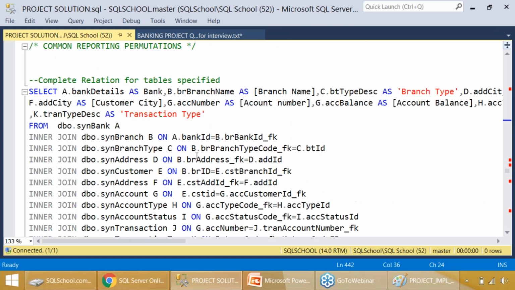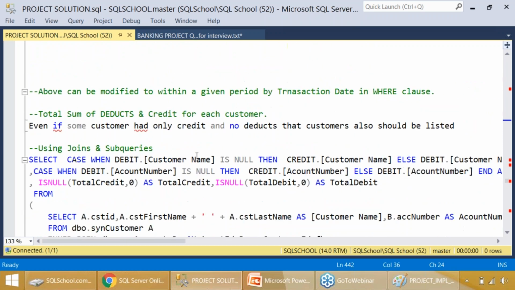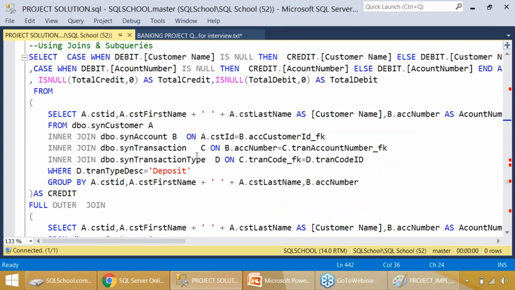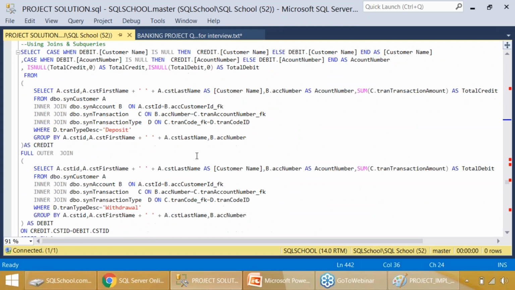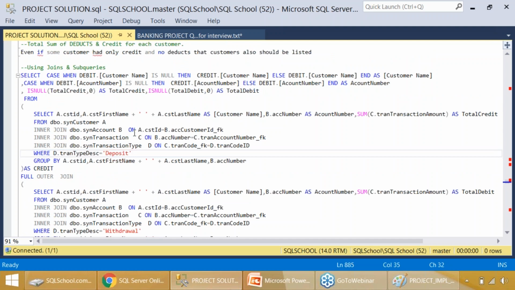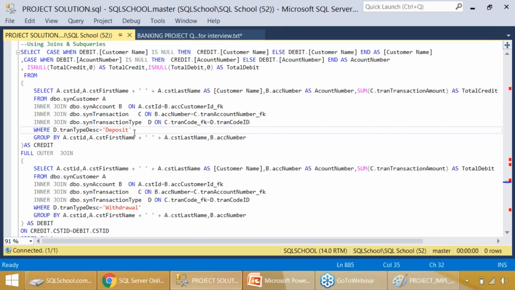Coming to the queries, yes, we have simple, basic to advanced level queries, something like this. This is one of the queries for banking deposits and withdrawals and their report in an Excel sheet. So wherever required, we will be understanding the integration activities or communication from SQL Server to the outside world, like SQL Server to Excel or Doc to SQL Server, etc.